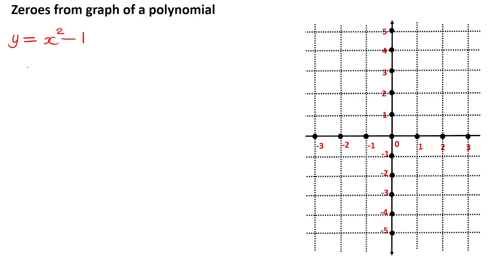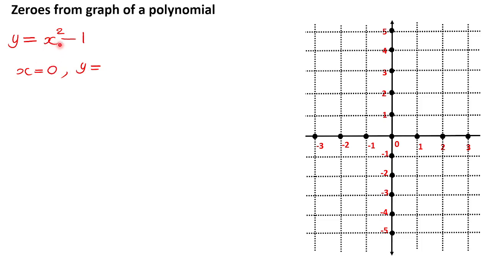You just substitute some values for x. For example, when x equal to 0, what is y? It's very simple to draw the graph of a polynomial. Simply put some values for x. If x equal to 0, what is y?